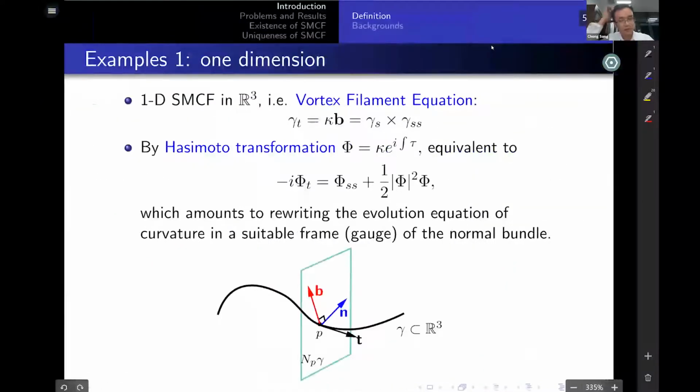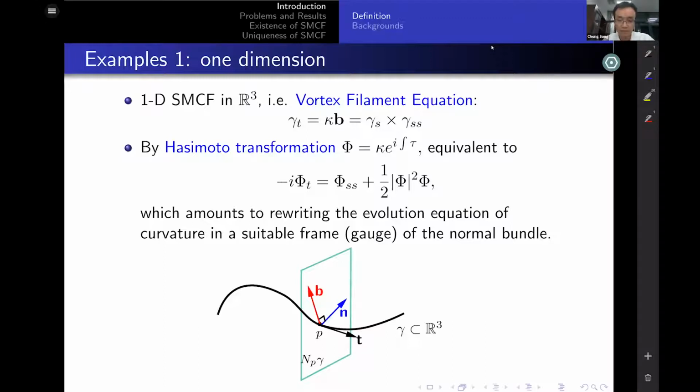This is, of course, very similar to the famous vortex filament equation. I believe there are many experts on this topic, but let me briefly recall. The one-dimensional skew curvature flow in R3 is just the vortex filament equation, because in this case the submanifold is of dimension 1, which is a curve.